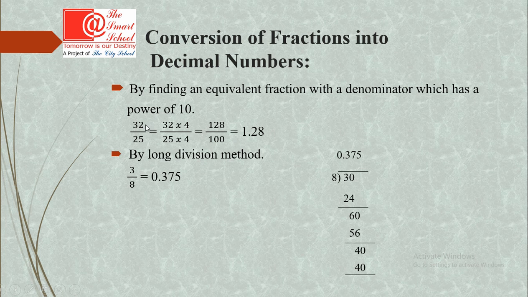So here if we have to convert 32 over 25 into decimal form, we will convert 25 into 100 by multiplying it by 4. So obviously we have to multiply 32 also by 4. So it is 128 upon 100. So the decimal will come after 2 digits because there are 2 zeros here. So it is 1.28. It means 32 upon 25 is the same as 1.28.